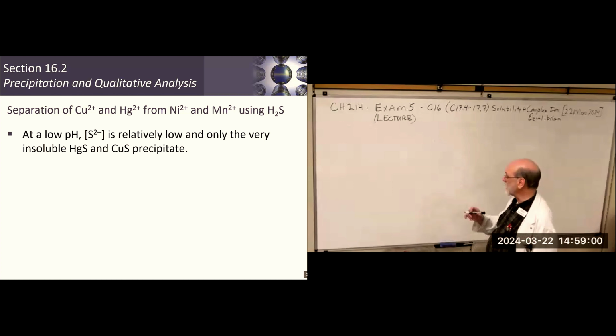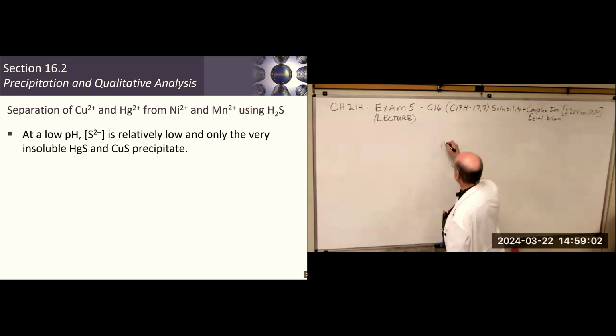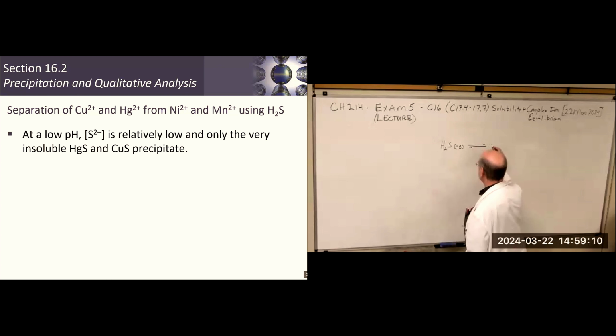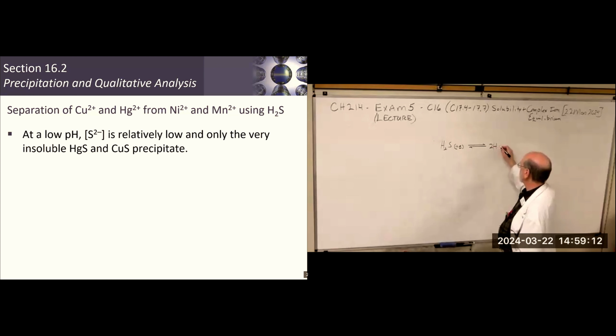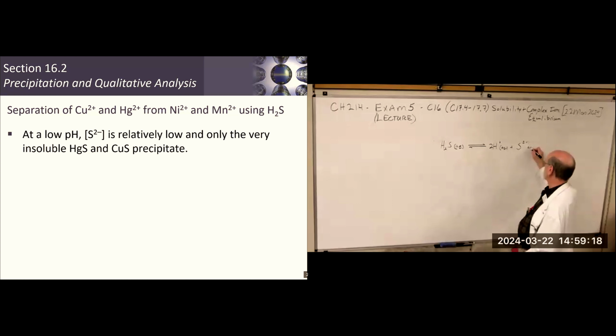Right, so at low pH, what we're saying is this: H2S in solution is in equilibrium with hydrogen ions and sulfide ions.